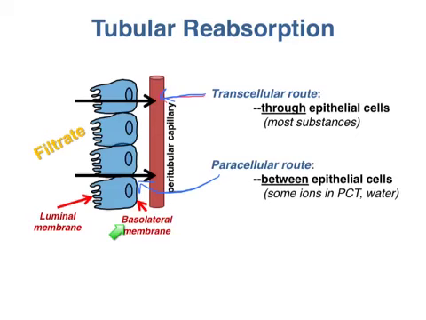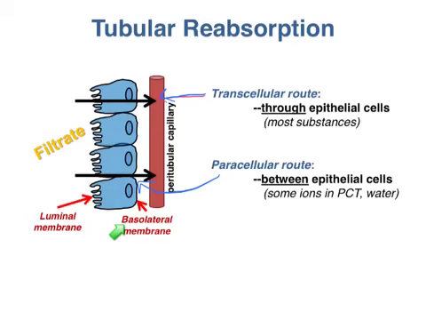Now, under normal conditions, all glucose and all amino acids are reabsorbed. Almost all of the water is reabsorbed, although there's some regulation, so there's some variability. And there's a lot of ion reabsorption, which can also be regulated and variable.